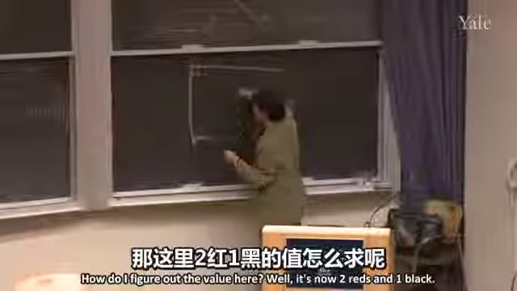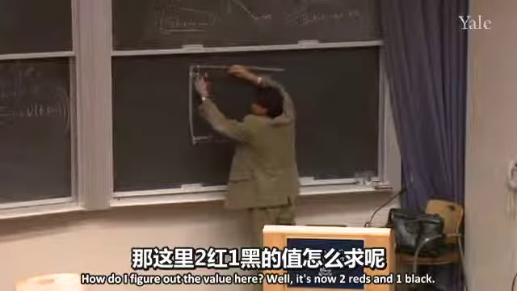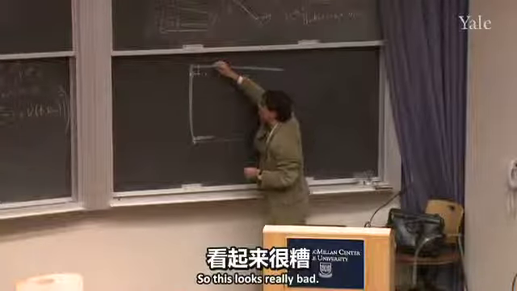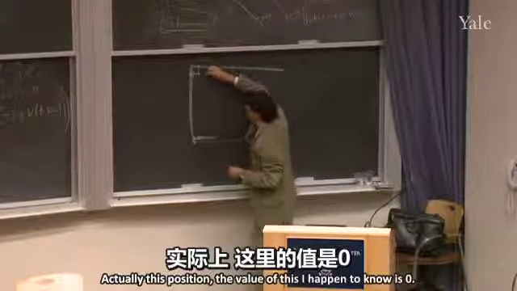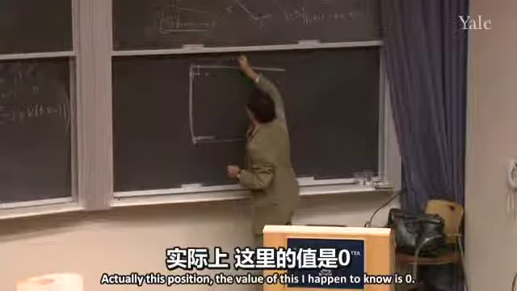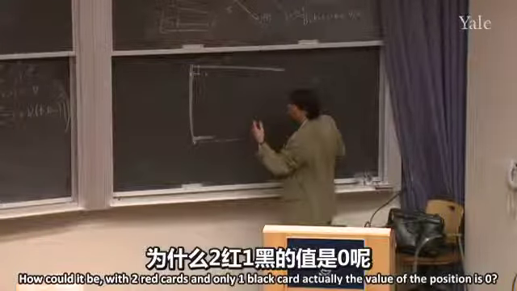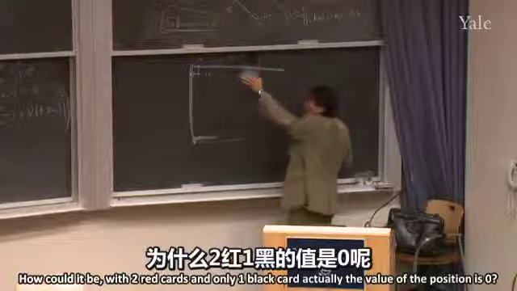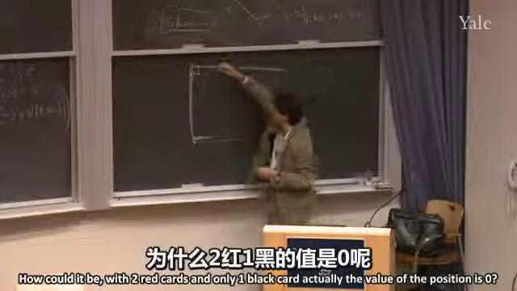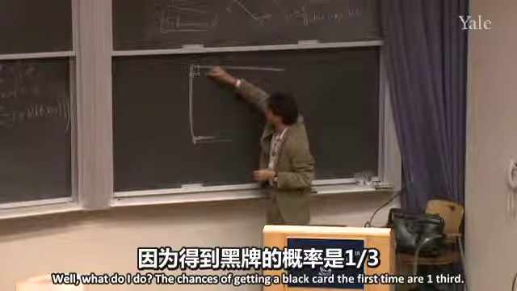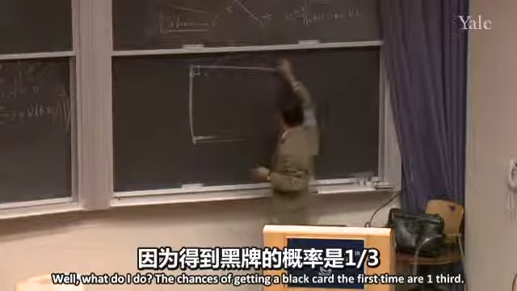How do I figure out the value here? Well, it's now 2 reds and 1 black. So this looks really bad. Actually, the value of this position, I happen to know, is 0. Okay, how could it be with 2 red cards and only 1 black card, actually the value of the position is 0? Well, the chances of getting a black card the first time are a third.